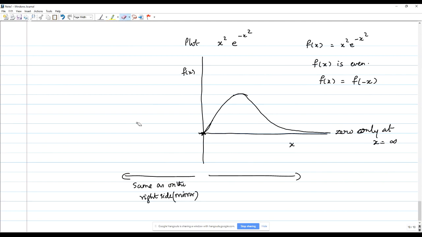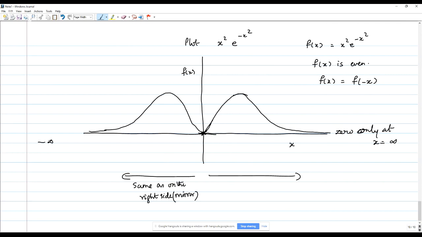Let us see. If I have to put this in as a mirror, something like that. These two are the same on either side of x. This is minus infinity.